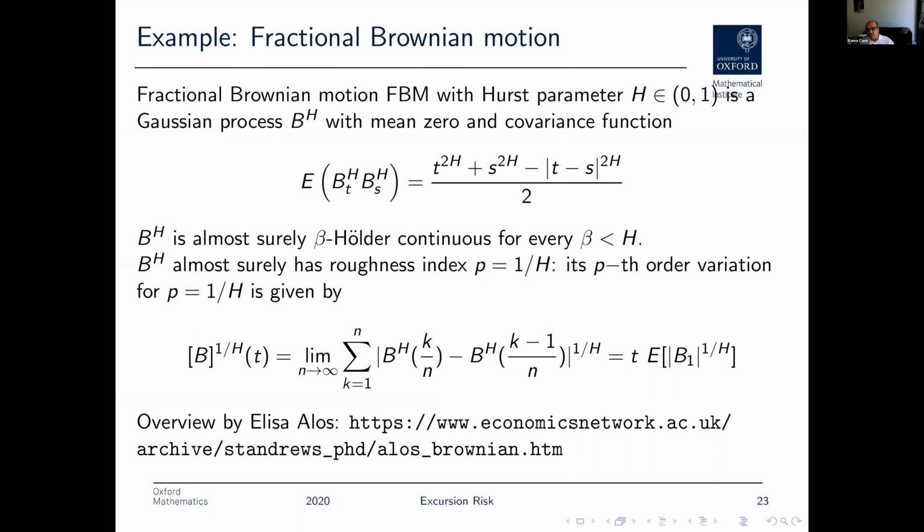Because of the Egyptian civilization, there are statistics on the floods in the Nile going back thousands of years, so it's probably one of the longest time series you have in hydrology. They were able to look at this data, and they proposed fractional Brownian motion as a model for this hydrological time series.